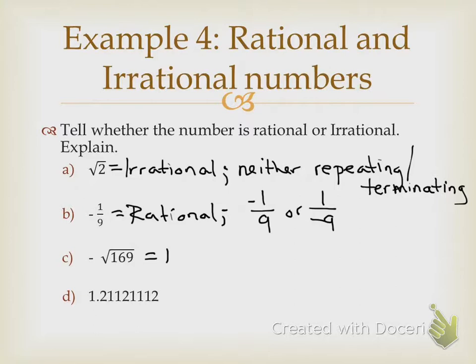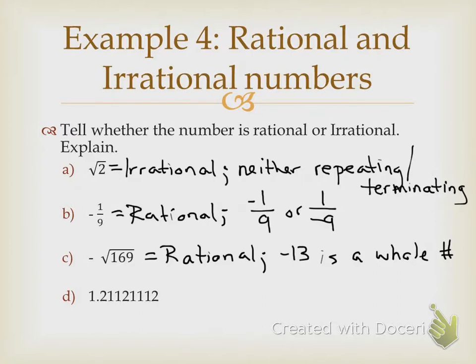Okay. Negative 13. Is that a whole number? Yeah, so it's rational. It's only irrational if it has a decimal that does not repeat and goes on forever. Well, it's rational, and here's my reason. Because negative 13 is a whole number, or what we would call an integer.